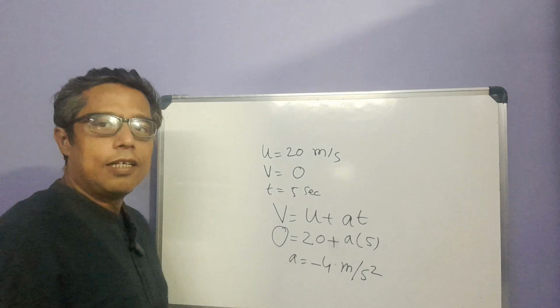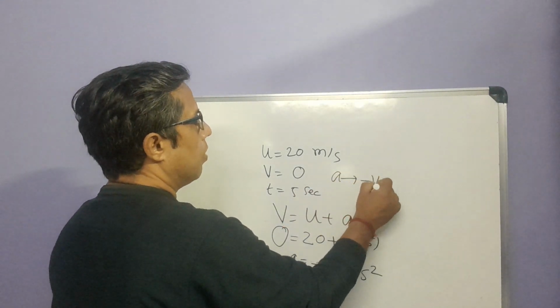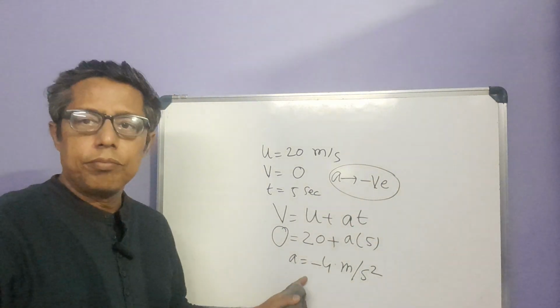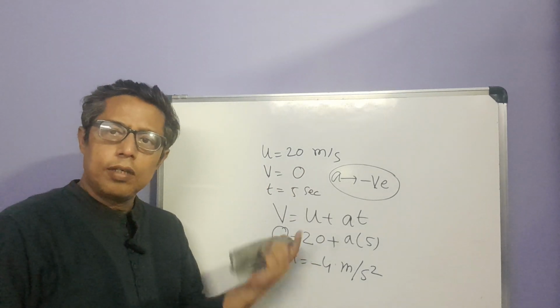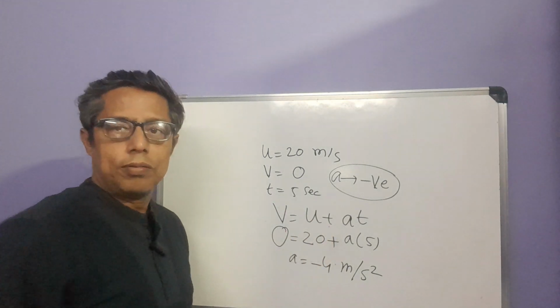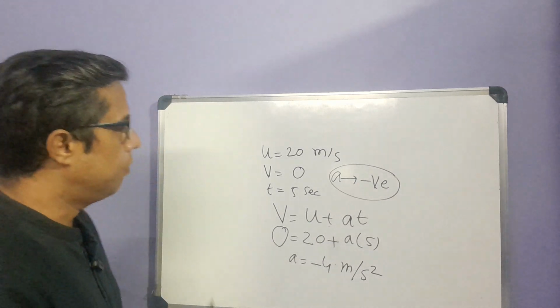So I am getting acceleration negative. Yes, that's true, it will come negative because it's a retarding motion, and I took this sign as positive. Now in another way I can solve this. Okay, let me show you.